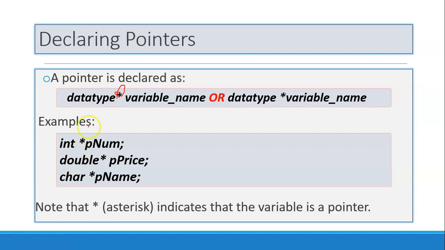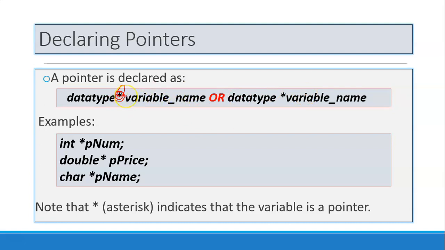How do we declare pointers? Pointers are declared with the asterisk between the data type and the variable name. This is just the difference that we have in C++. If you are to declare a pointer, you put this asterisk. There are two versions of it, and all of them are acceptable.